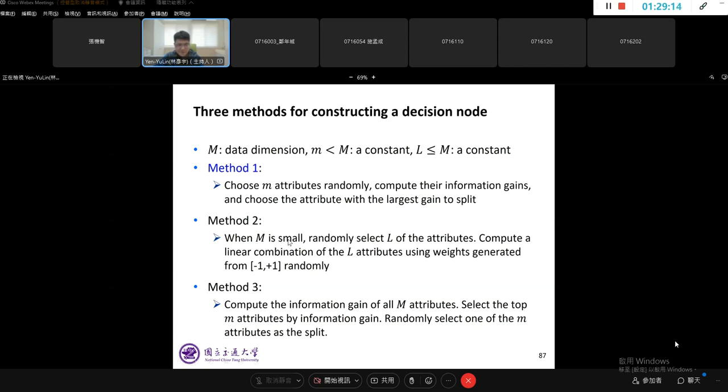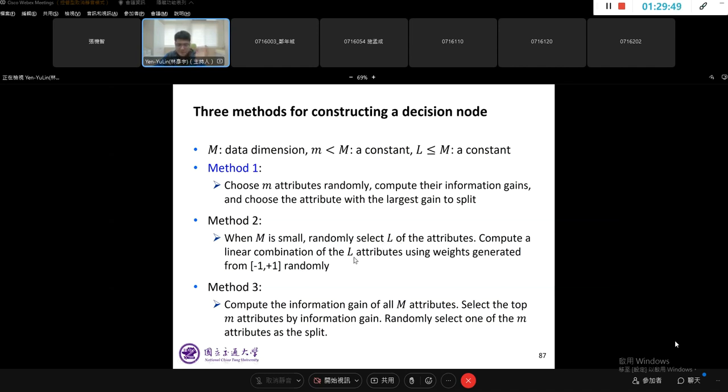In this situation, we randomly select L attributes from M. Then we compute a linear combination of the L attributes using weights generated randomly from -1 to +1. So suppose the data dimension is 20. We can randomly select 10 dimensions.